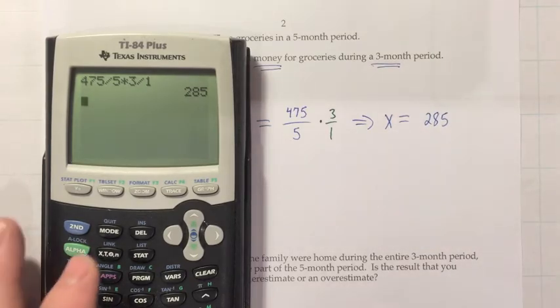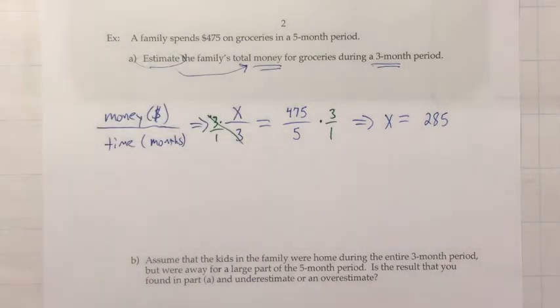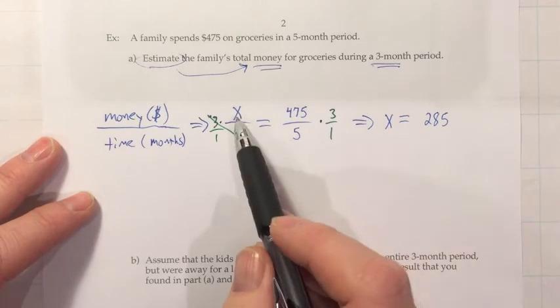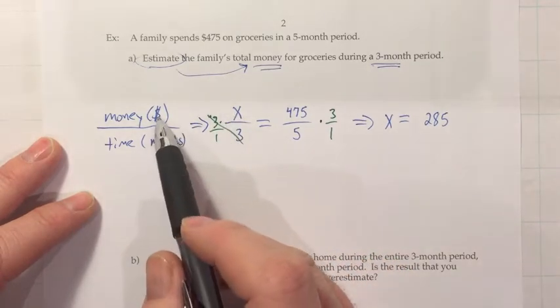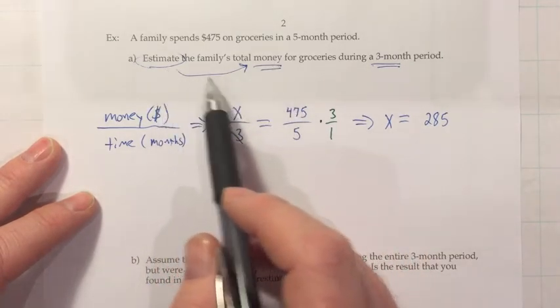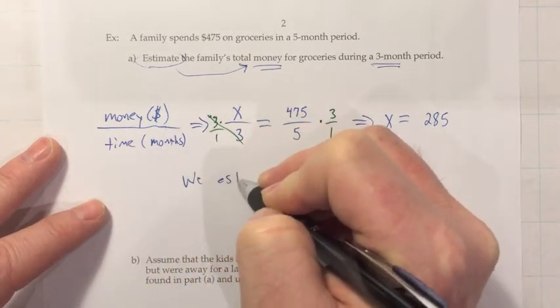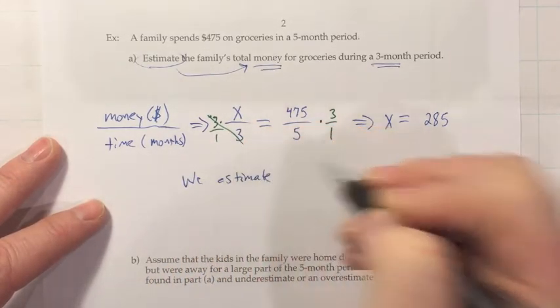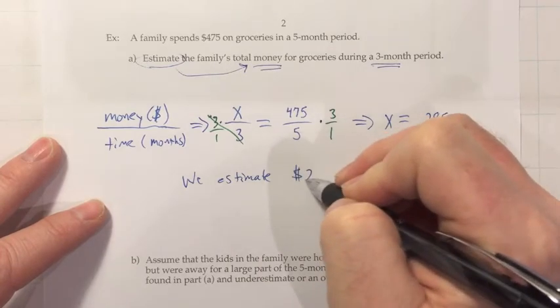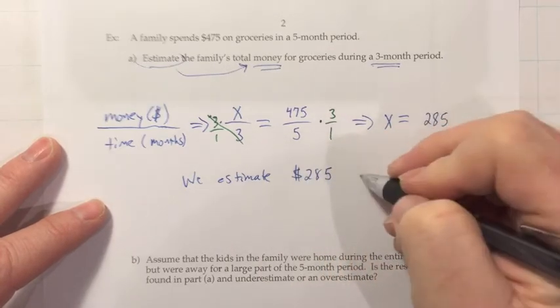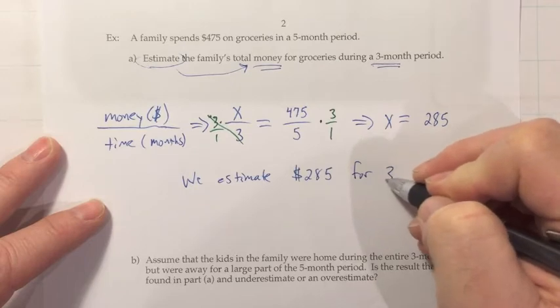So that's x, and then we want to think about what that represents. That was in the numerator, so that was money. And they asked us to estimate the total money for 3 months. So we estimate $285 in spending for a 3-month period.